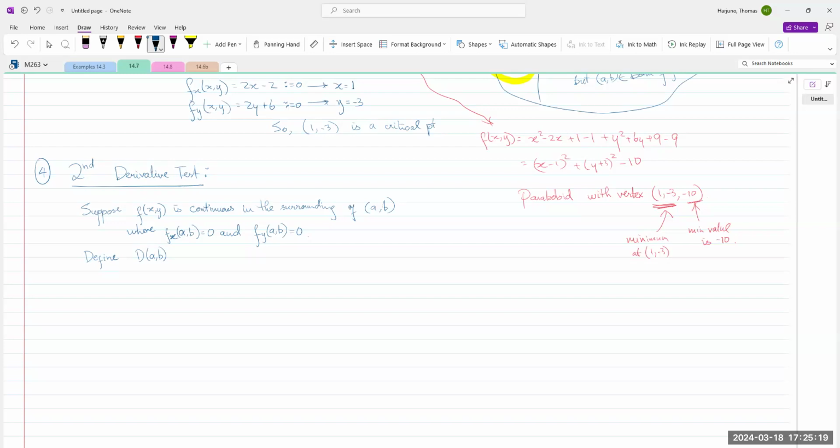So the idea behind calling it D here is that it is our discriminant, even though it is not for solving a quadratic equation, but for seeing if a critical point is a local maximum, local minimum, or neither. This discriminant is defined as f sub xx at (a, b) times f sub yy at (a, b) minus the square of f sub xy at (a, b).